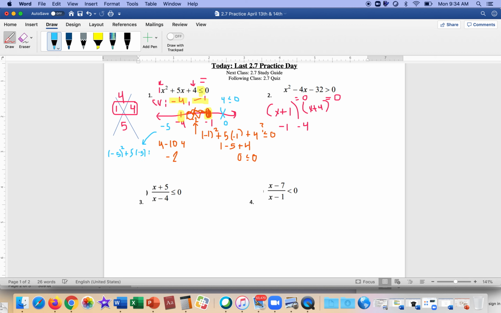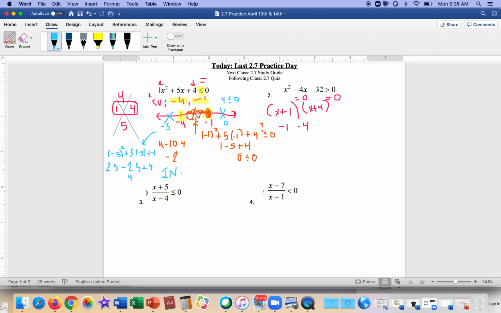Let's see what we would get. So we get 25 minus 25 plus 4. So that would get us 4. And is 4 less than or equal to 0? No. So therefore, our answer in interval notation is just the shaded region, right?